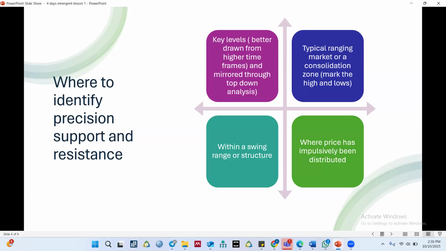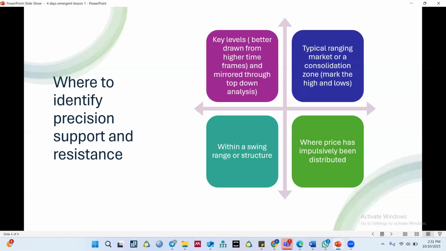These are the key levels. It's better to draw this from the higher time frames and then mirror them through top-down analysis. So you can draw it from the daily time frame or weekly time frame.